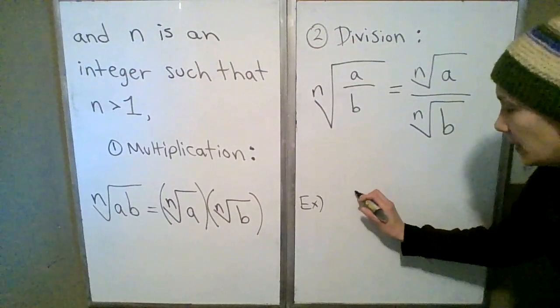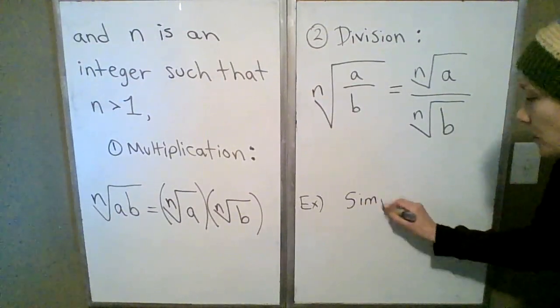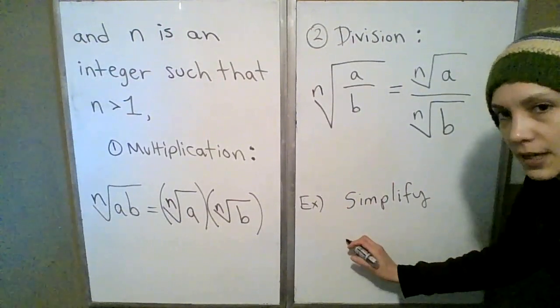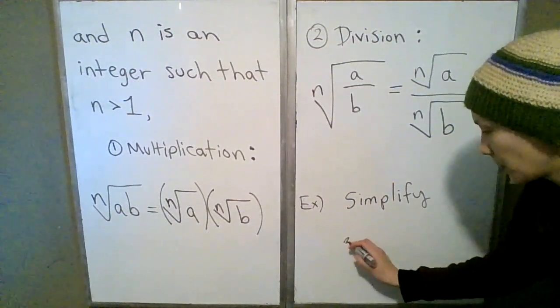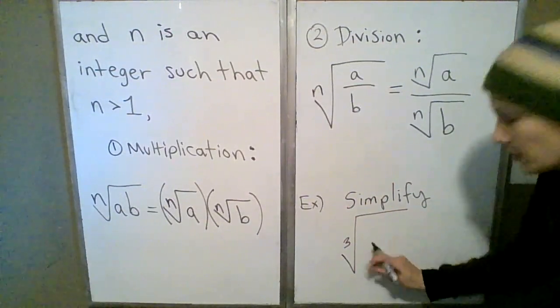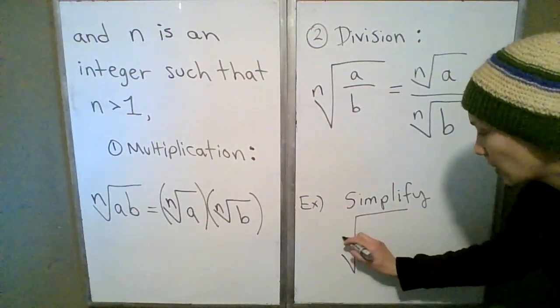Let's simplify. The cubed root of negative 1/8. Root is 3.